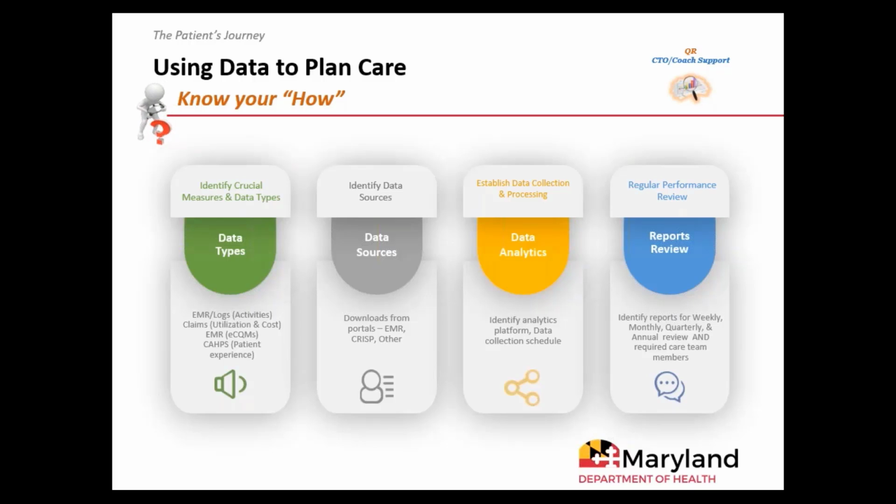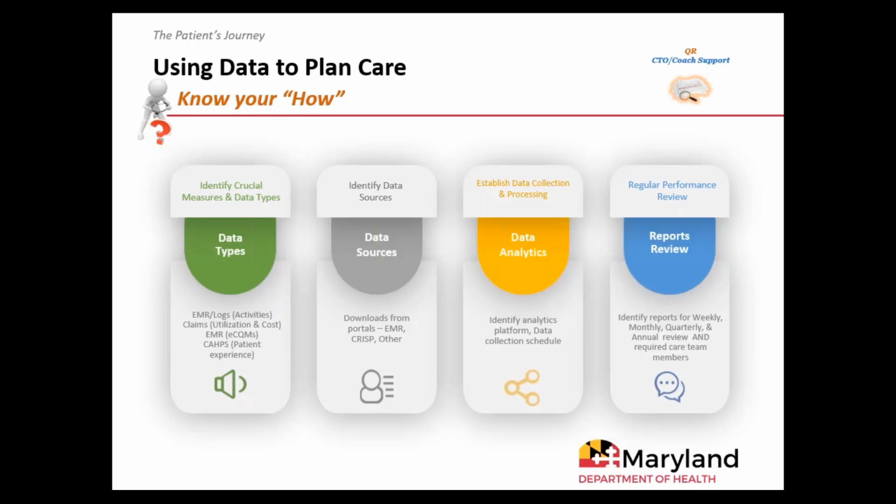Are we meeting our goal, and what can we do to address it? Or for your patients who are high risk, are they yet receiving LCM, longitudinal care management? And if they are, do they have a care plan in place? What can we do to make sure they have a care plan in place, and things like that?